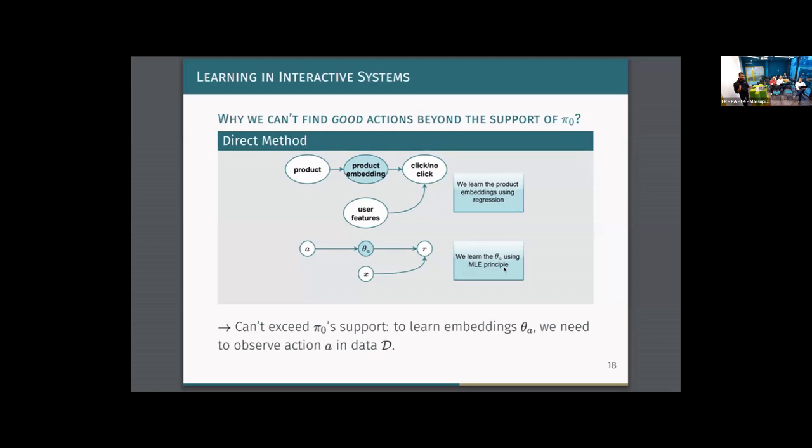Well, we can show in this case as well that we can't exceed the support of pi zero. We can't exceed the actions that we have in data, because each product has its embedding, and we want to learn these product embeddings.